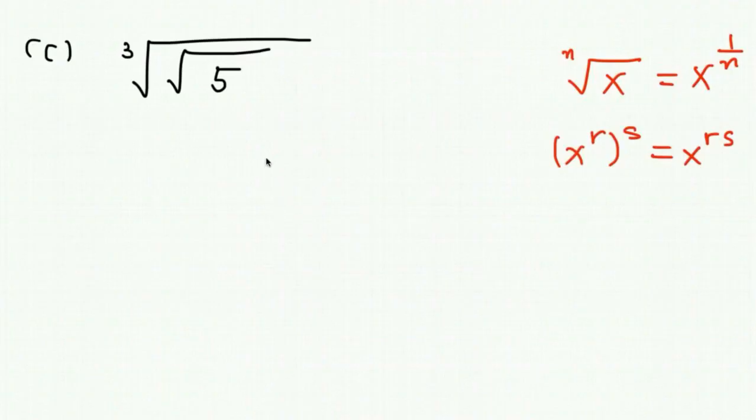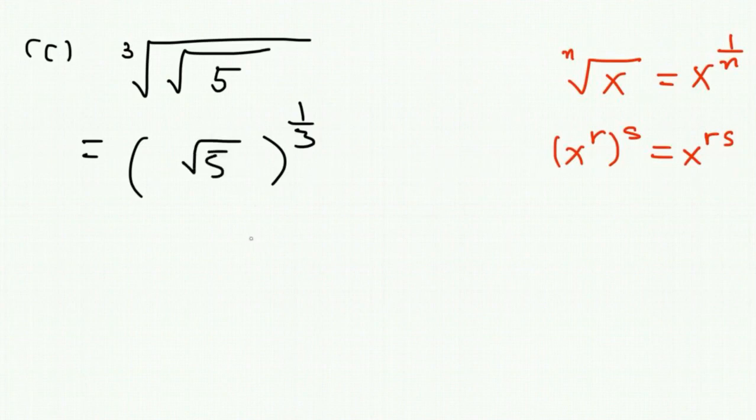Here is one more example. We're going to use in this problem these two properties I explained before. So what we're going to have here is cube root of something. Cube root of something is 1/3 power of that thing, the square root of 5. And square root of 5 is 5 to the 1/2.